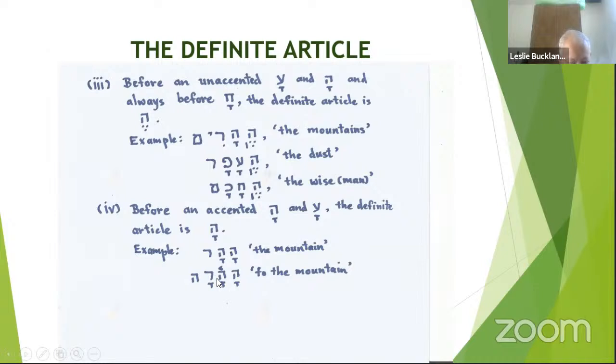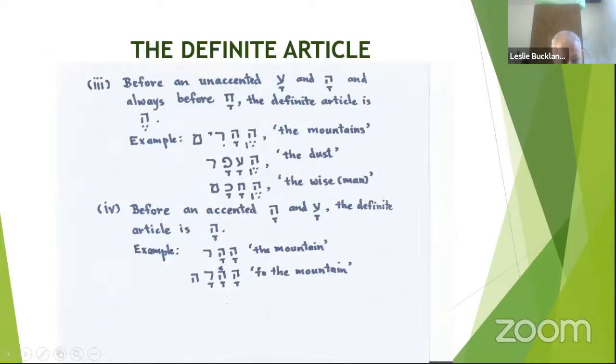This can't go with this now. This goes with this part. So you have two syllables, and it is indicated that the accent is not on the final syllable, but on the syllable next to the last syllable. So this is an accented ha. Ha-hara means to the mountain. So before an accented a and ha, the definite article is ha.